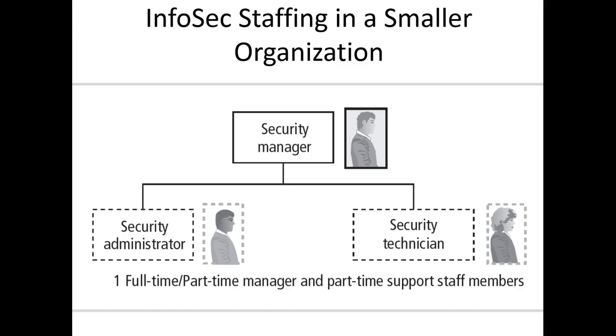In the information security staffing in smaller companies, you will have a security manager, and sometimes a security administrator or security technician. That's just one person who manages all of that, and sometimes gets support from a part-time person who helps them. Normally the network administrator is responsible for the security of the organization as well.